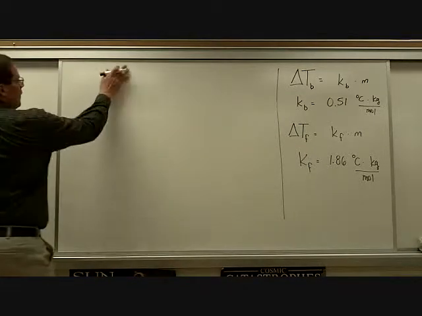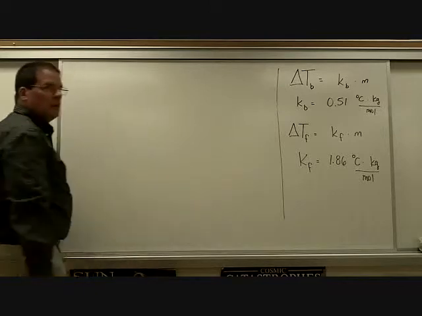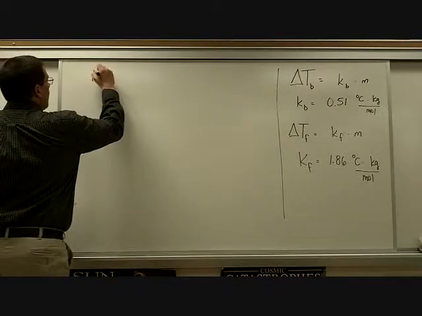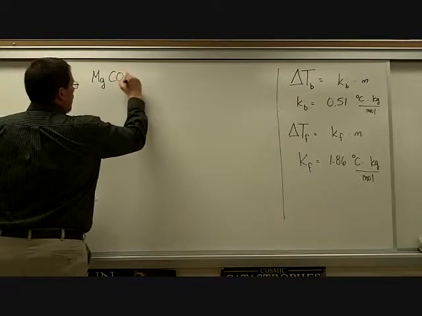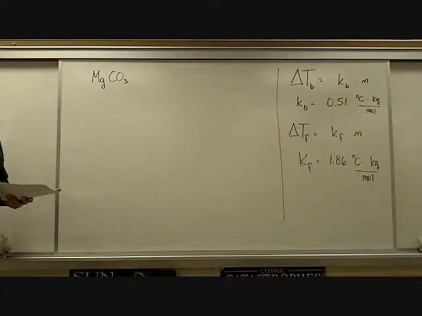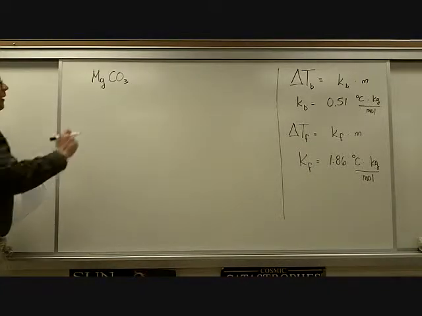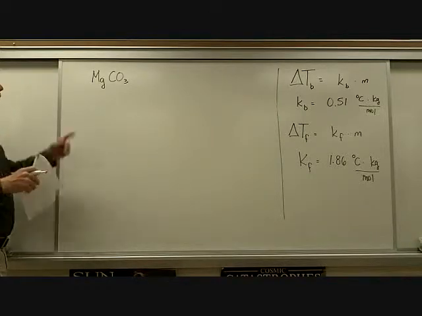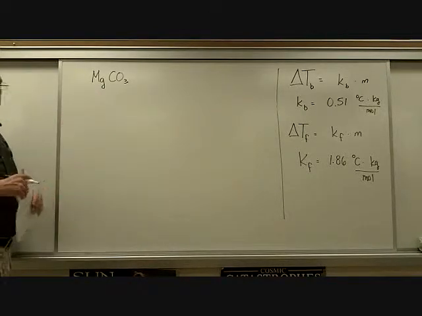Why do you need to know? Because it's asking for the number of grams. MgCO3. You want to know the formula so that we know what the molar mass is. In the other one, it didn't matter because we were just looking for moles. When we're looking for grams, we have to know the formula.